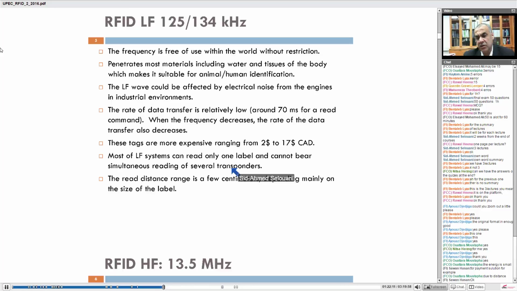But you can find a type of application that is useful for this technology. As I told you, human identification, animal identification. You have cows and beef cattle, and I don't know if you have seen that, you have just a label on their neck, and then you can follow all the pedigree, all the information about the beef and so on.